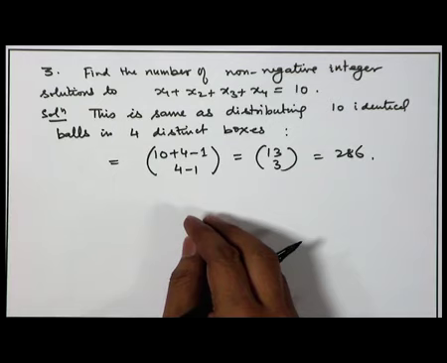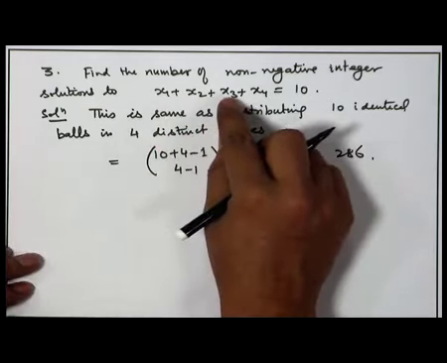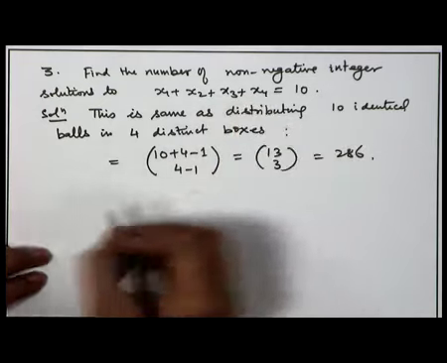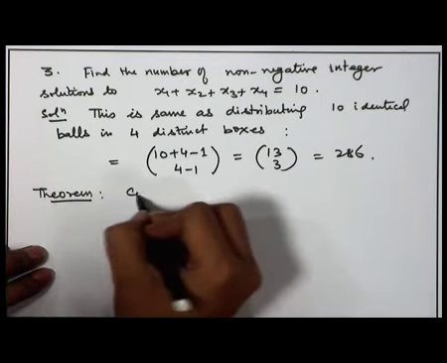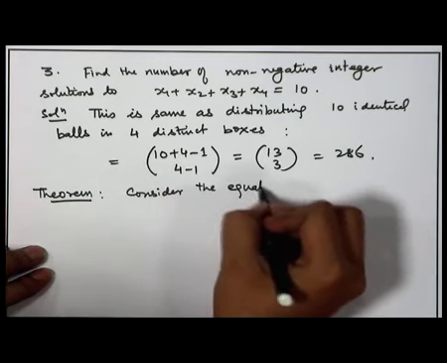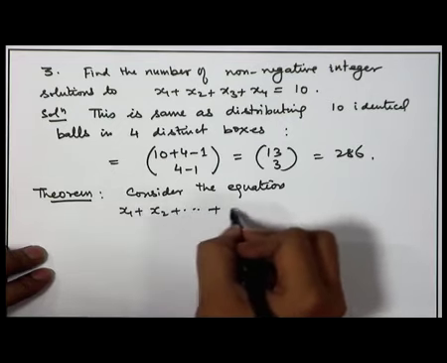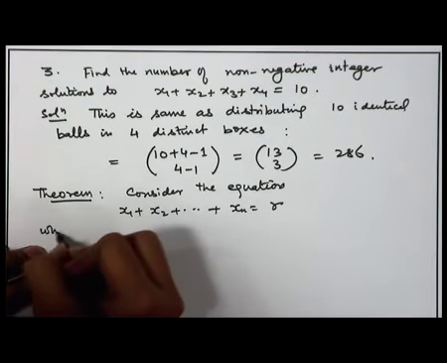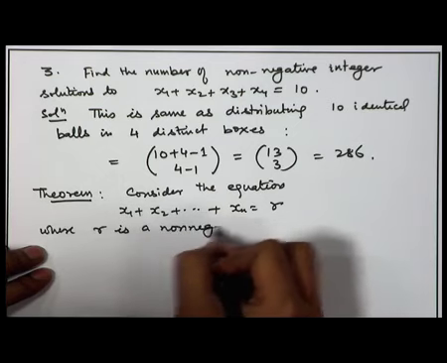So, we can actually extend this result to an equation in n unknowns. Consider the equation x1 + x2 + ... + xn = r, where r is a non-negative integer.